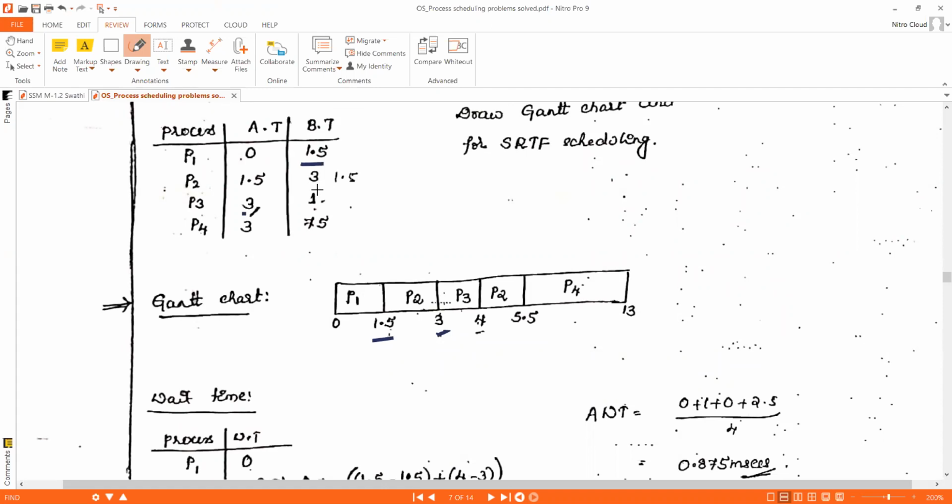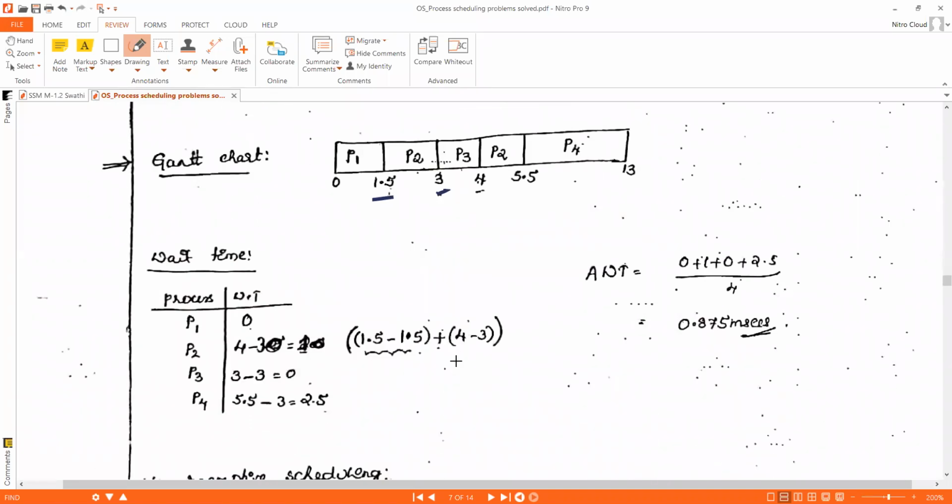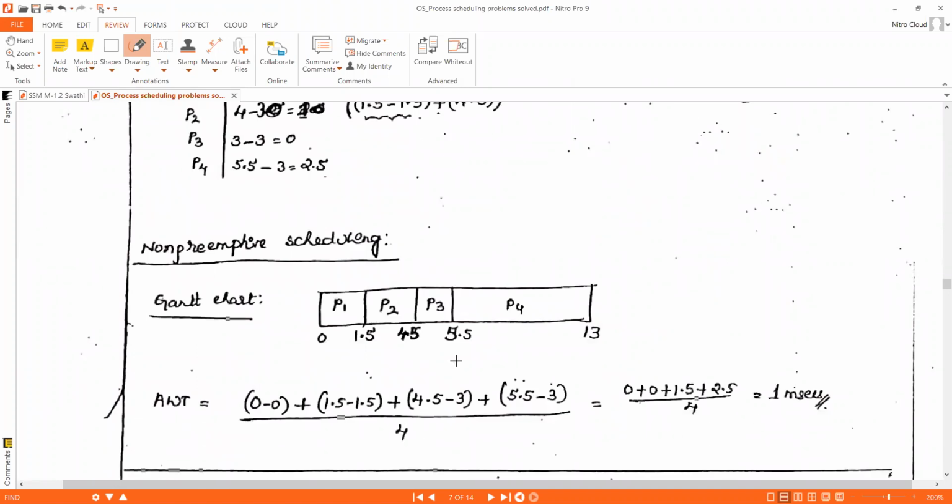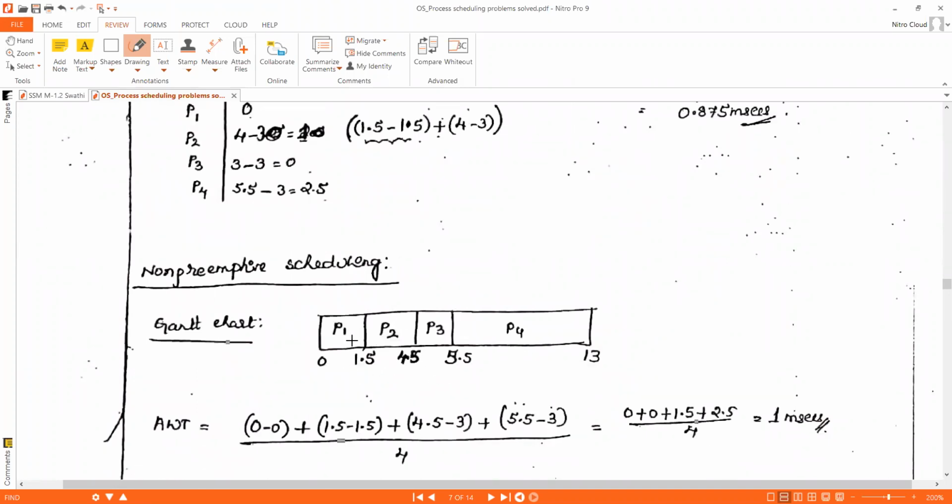In non-preemptive scheduling, the process which holds the CPU will not leave the CPU until its execution is complete. So process 2 will be executed by the CPU for the complete 3 milliseconds, and only after that will it leave the CPU. Process 2 will complete its execution by clock time 4.5 milliseconds.